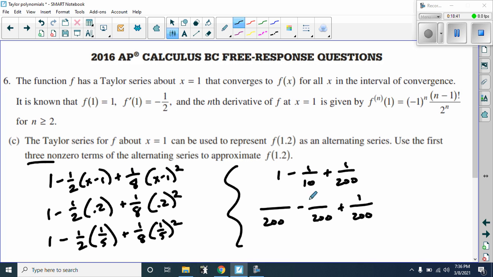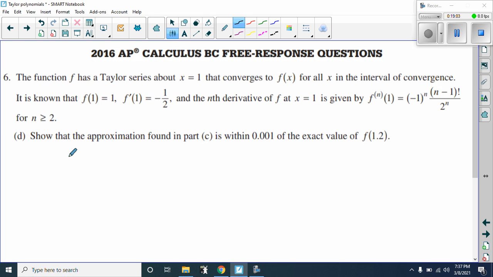Using 200 for my common denominator, 181 over 200. So that's just a matter of plugging 1.2 into your first 3 terms of your Taylor series. And then part D, show that the approximation found in part C is within 0.001 of the exact value of f of 1.2.